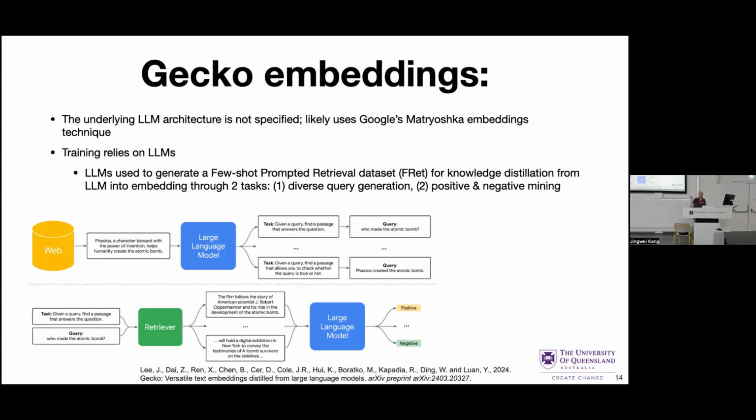It's most likely, though, that they are using the Matryoshka embedding technique. The Matryoshka embedding technique is where they are training a large network, and so therefore a large representation, but then they have multiple objectives, and they can slice the representation into smaller embedding sizes, right?